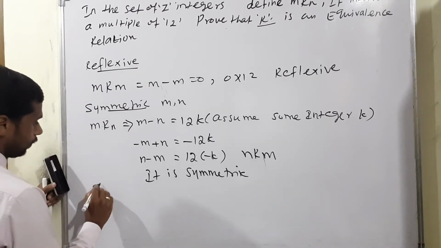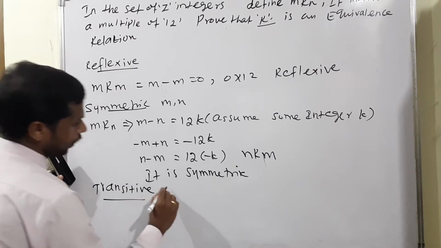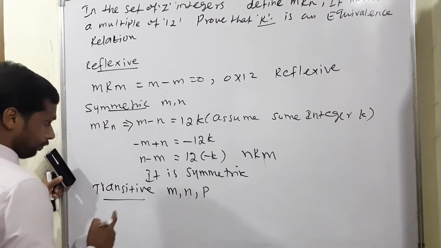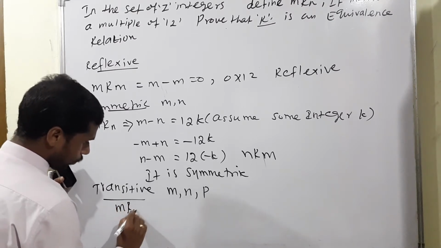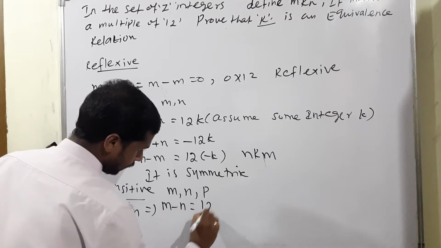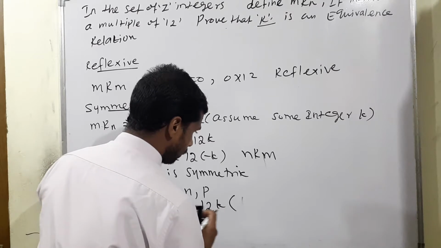Then the third condition, transitive. I take m, n, p. First, m related to n means m minus n is equal to 12k, where k is some integer.